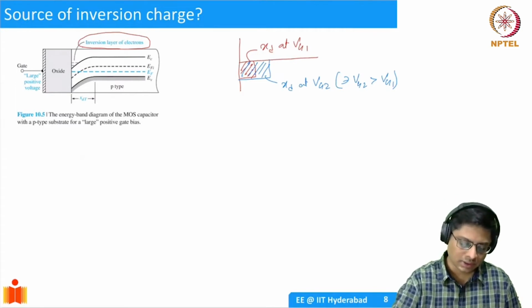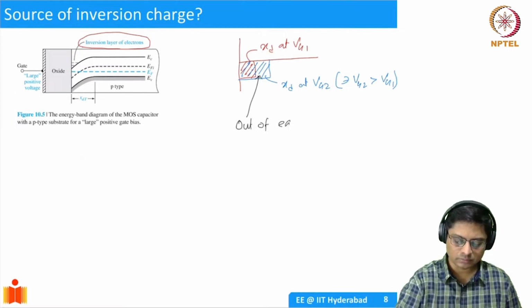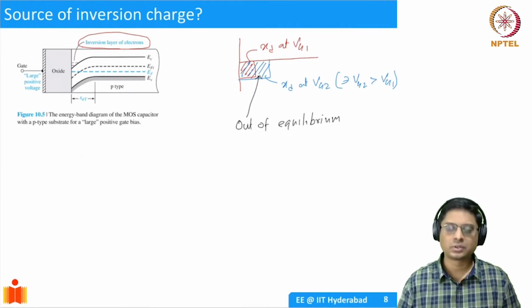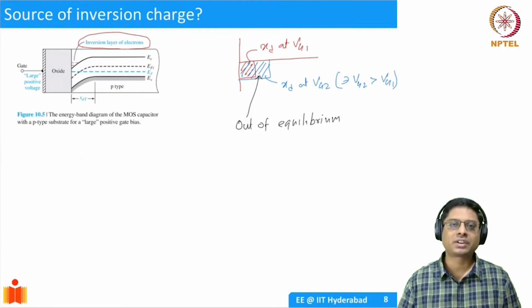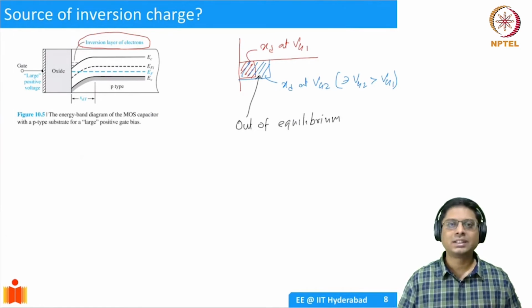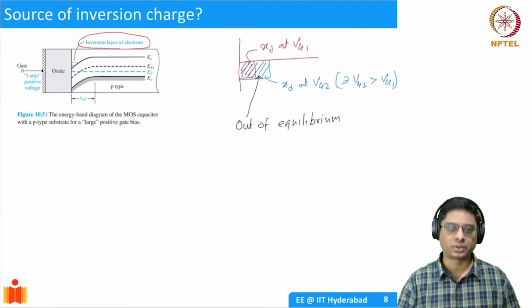Now, this is obviously out of equilibrium, right? We have depleted the semiconductor of the free charges. So what happens? Well, the semiconductor tries to come back to equilibrium. The system always tries to restore the equilibrium. If you have excess carriers, they will recombine. If you have fewer carriers, then the system tries to generate electron hole pairs.